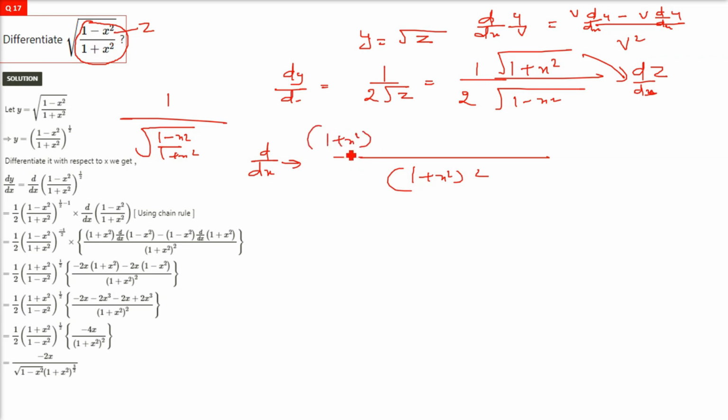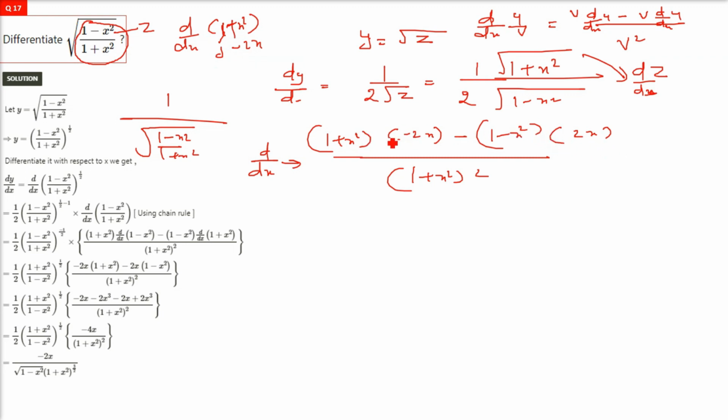Then d by dx of 1 minus x square will be 0 minus 2x, so negative 2x. Then minus (1 minus x square) and d by dx of 1 plus x square, the same thing with a positive sign, so it will be 2x only.